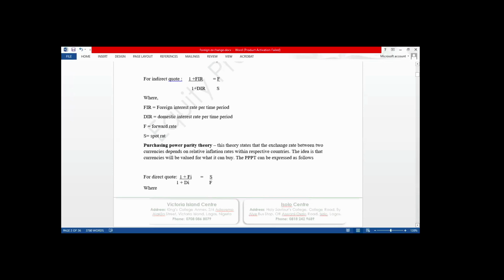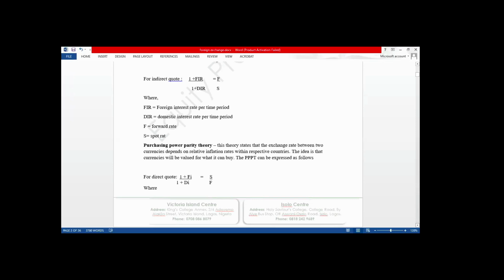The exchange rate between two countries will depend on the inflation rates between the two countries. A country with higher inflation rates will have its currency value depreciating faster compared to a country with lower inflation rates.